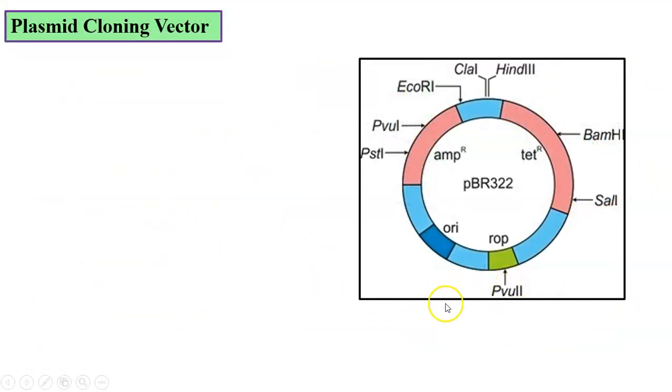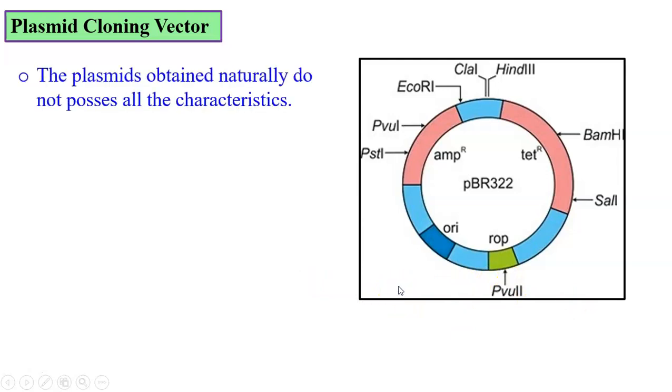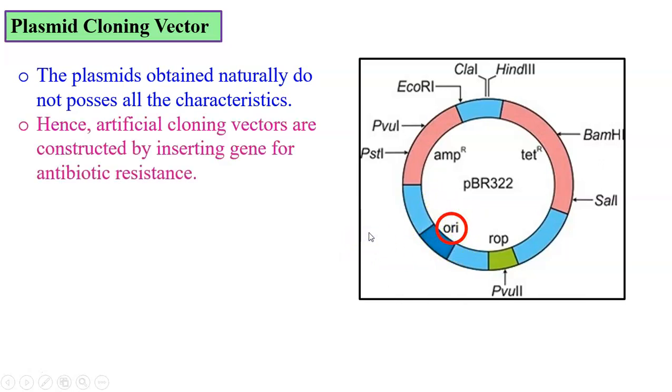Here, a plasmid cloning vector, which is not naturally available and is designed in the laboratory by introducing the necessary features into it, has an origin of replication, but the antibiotic resistance selectable markers are introduced artificially. Ampicillin resistance and tetracycline resistance genes are introduced.